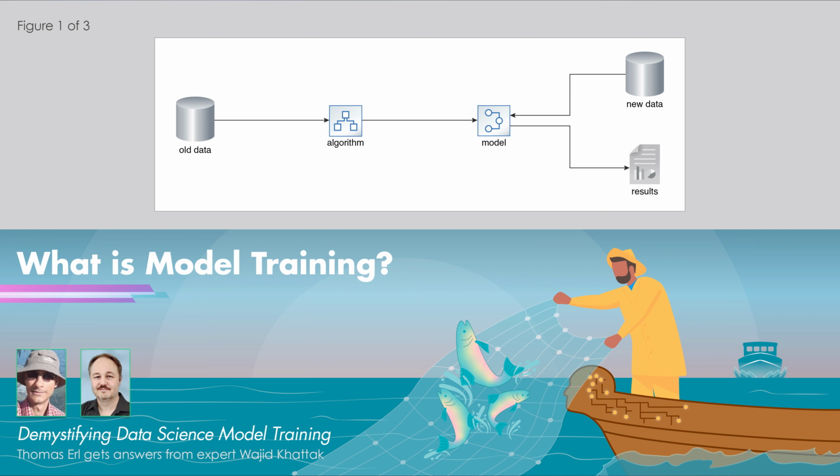So we are only interested in a specific type of salmon. Now, having just that net is not going to help us catch that specific type of salmon. So what we need to do is customize our fishing net, and this is where the model training bit comes into play.